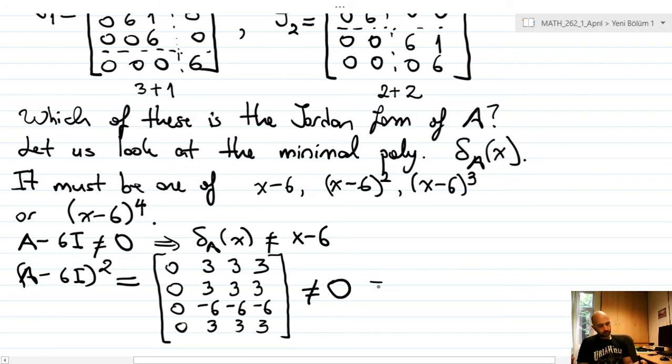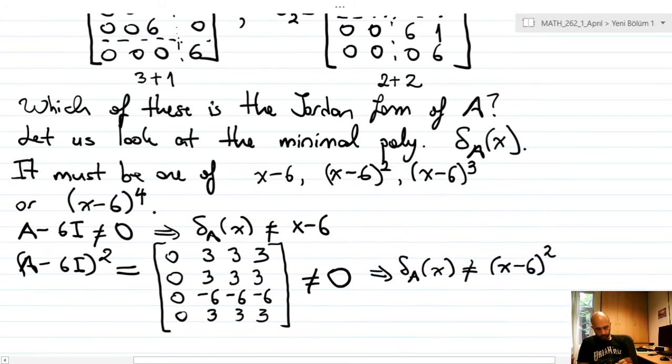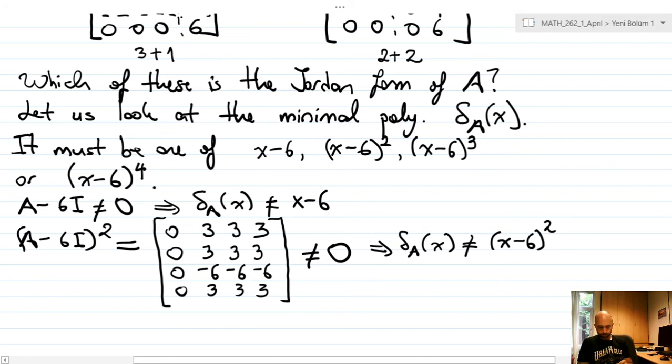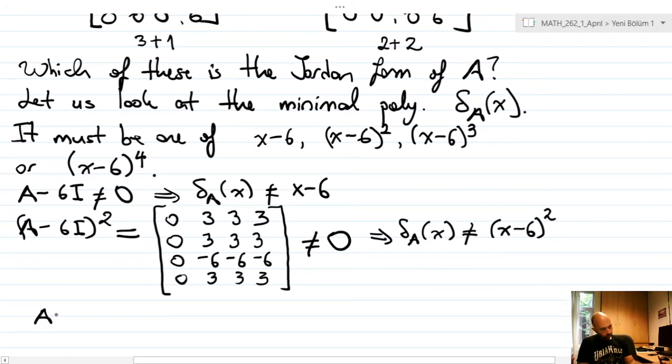So, in particular, the minimal polynomial is not equal to x minus 6 squared either. Okay, you have to go a little bit higher. But its cube, please do this, it is 0. I mean, it's a 0 matrix, which I'm writing as 0. So, we find the minimal polynomial.